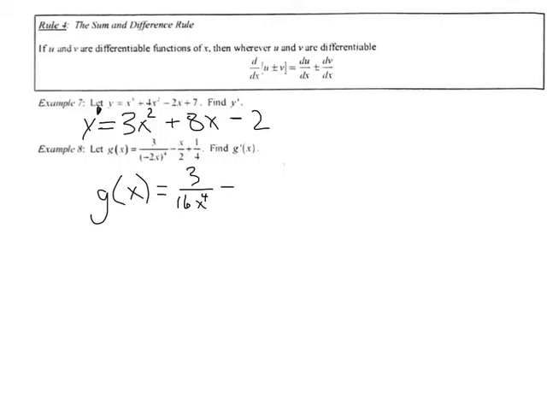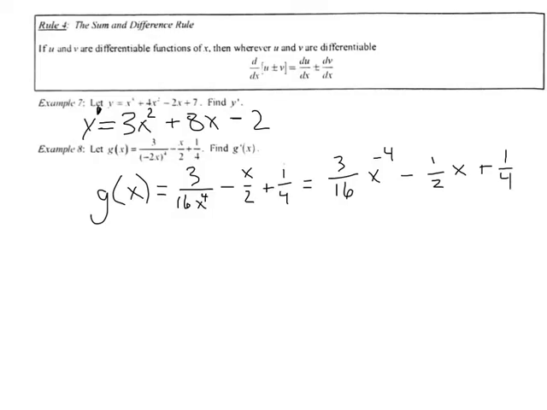I'll just rewrite the other stuff the same way for now. And then it might be a little bit easier to rewrite it once again and say that the first part is 3/16 times x to the negative 4. The next part might be negative 1/2 times x, and then just plus a 1/4.